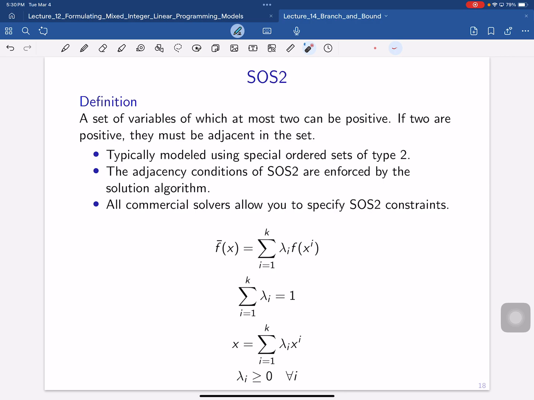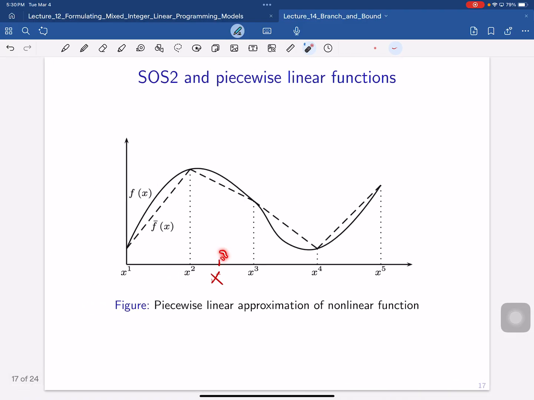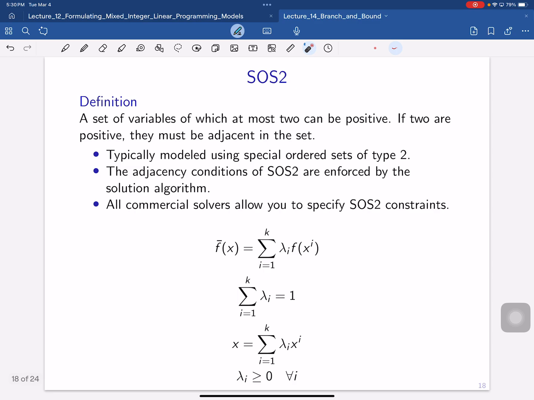If you consider all the lambdas and I pick a particular point here, I only want these 2 adjacent lambdas to be positive. All the rest should be 0. Similarly, if I pick a different point x here, I only want it to be a convex combination of the 2 adjacent x's. That's what the SOS2 constraint means. Great.